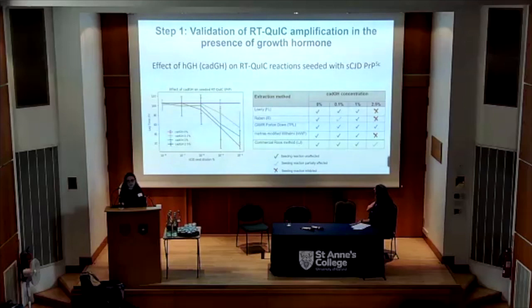And you can see where we in the 0.1%, the 1%, and the 2.5%, that's our addition of the human growth hormone. Now, at the 2.5%, you can see that we have seen some inhibition in the reaction. So it has actually interfered with the conversion. At 0.1%, there's also some indication that there is partial inhibition. So we've started our analysis using a 1% concentration of human growth hormone.